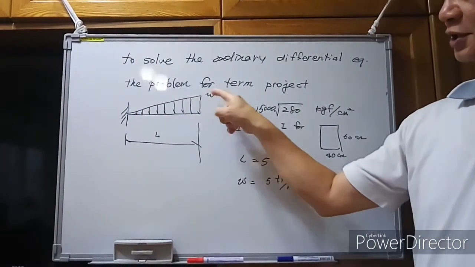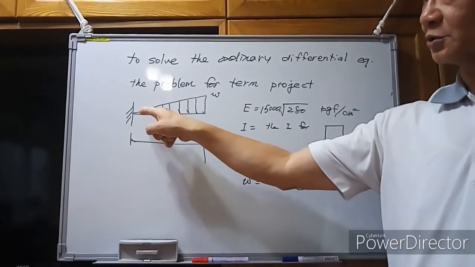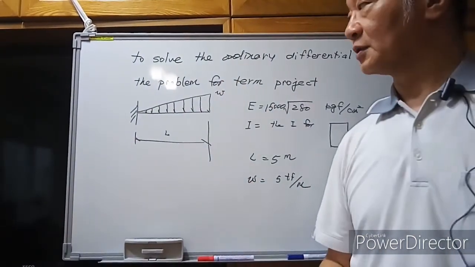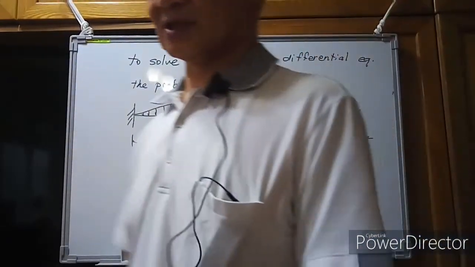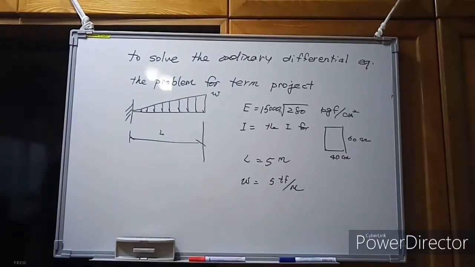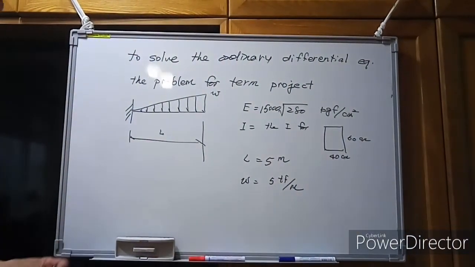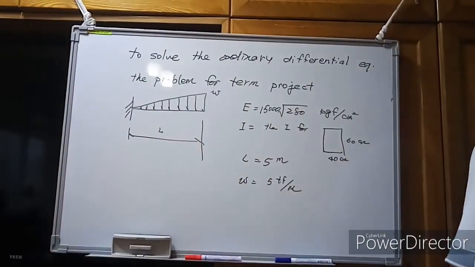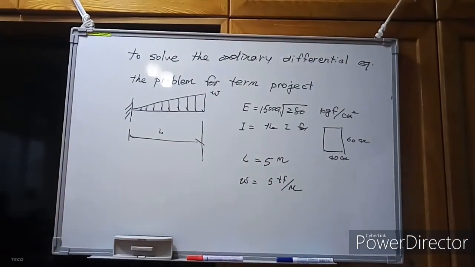It is a linear shape, so W changes from 0 to the maximum W. That's the problem we would like to solve.